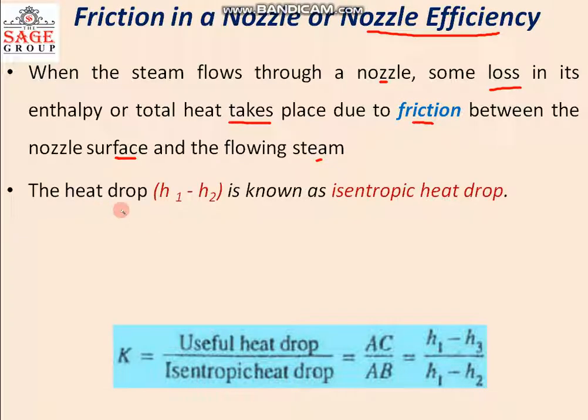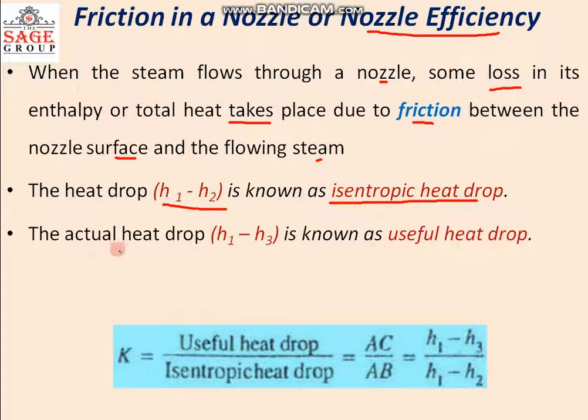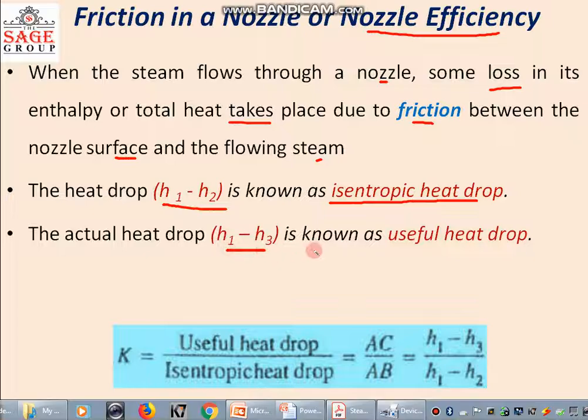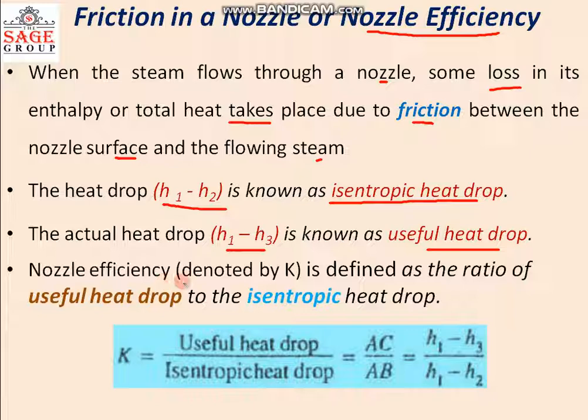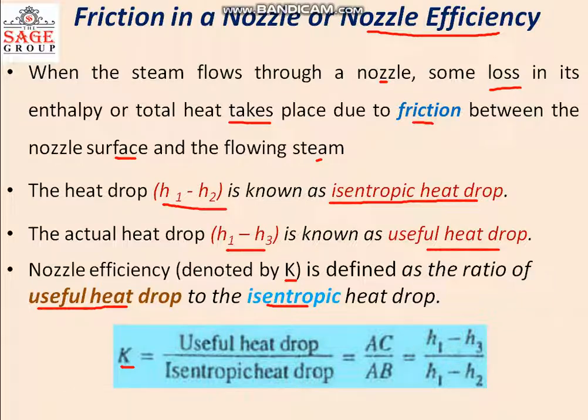So, the heat drop H1 minus H2 is known as the isentropic heat drop, and the actual heat drop is H1 minus H3, the useful heat drop. So, the nozzle efficiency denoted by K is defined as the ratio of useful heat drop to the isentropic heat drop. It is also the ratio of line AC to line AB, which is equal to (H1 minus H3) to (H1 minus H2).